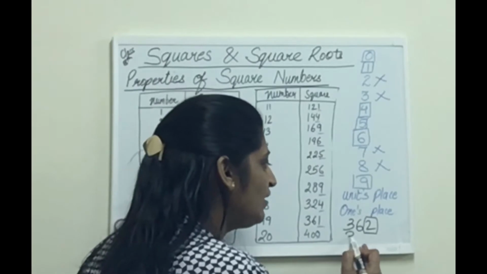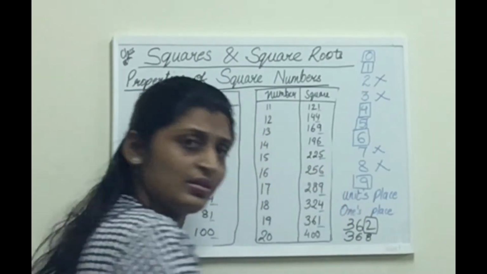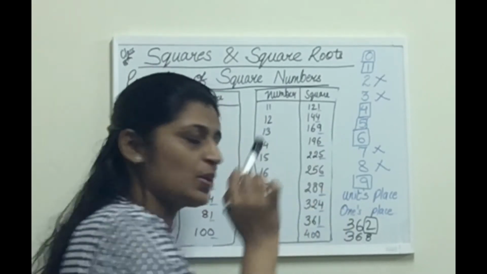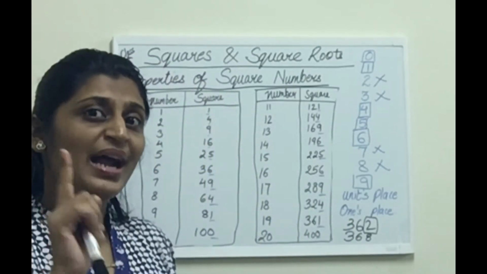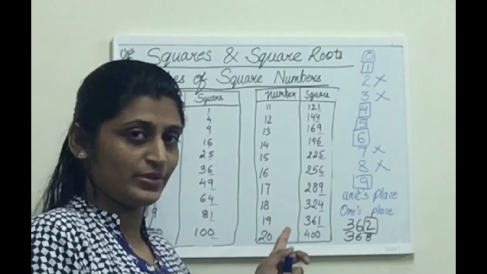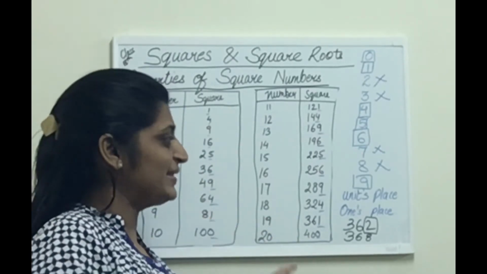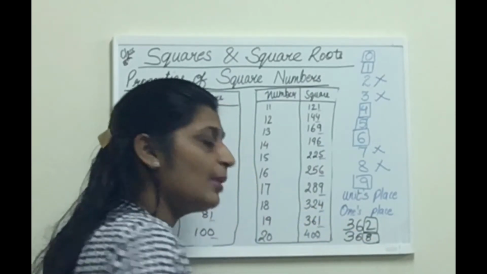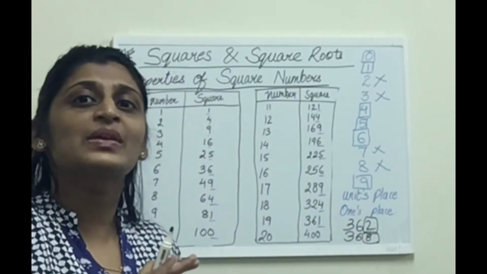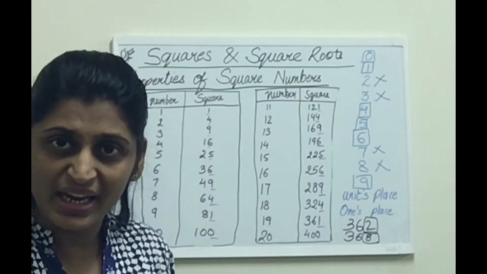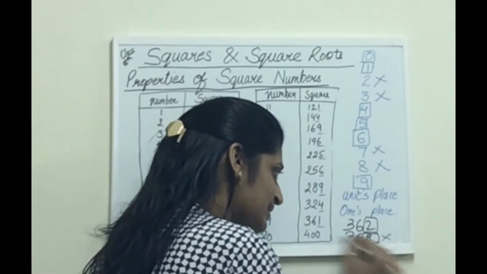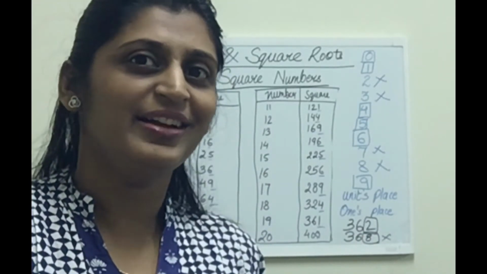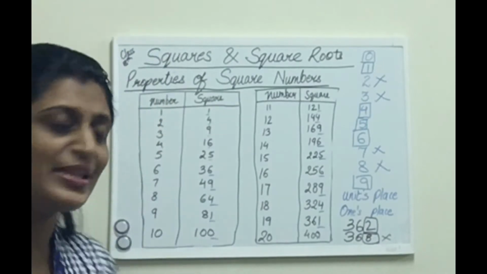Again, if I give you a number 368, a big number, and I ask you whether it is a perfect square or not, a smart child now knows the property of square numbers, and he knows that since the digit at the units place is 8 and a square number can never end with 8, 368 is not a perfect square. Isn't it a trick? Isn't it an interesting property?